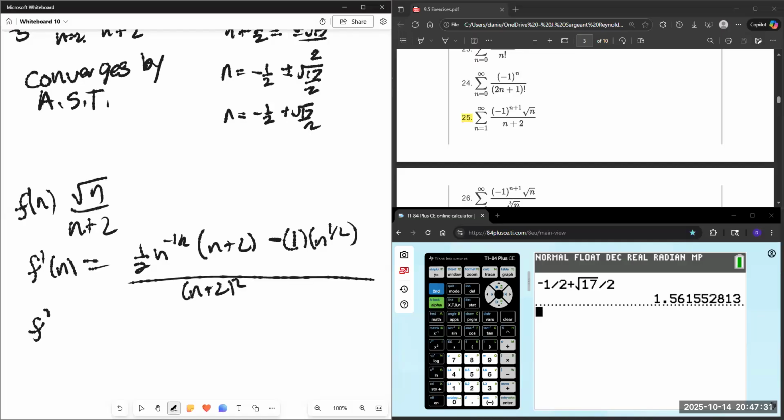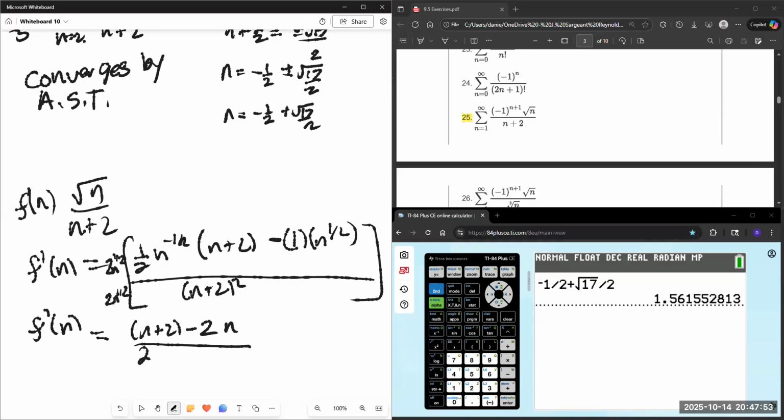I'm going to multiply by 2 n to the 1/2, top and bottom. It's going to be equal to n plus 2 minus 2n over 2n to the 1/2 times n plus 2 squared.